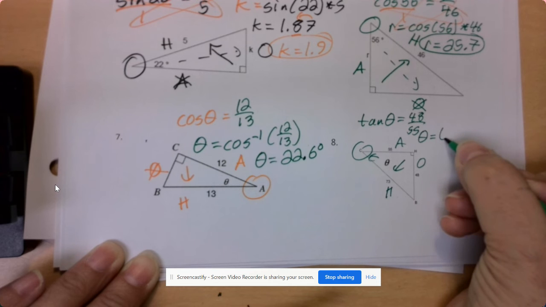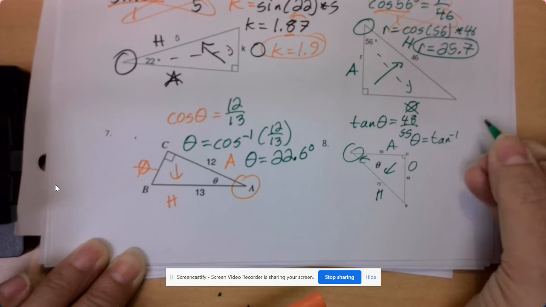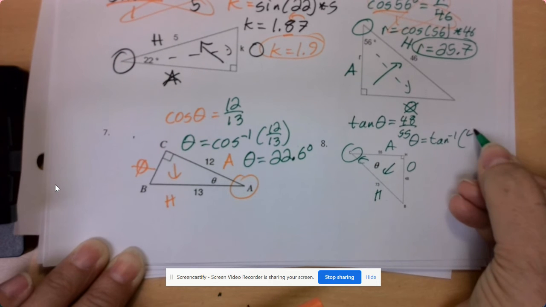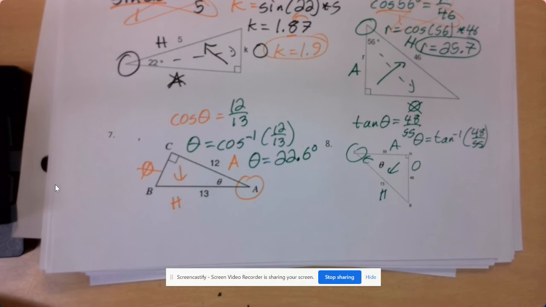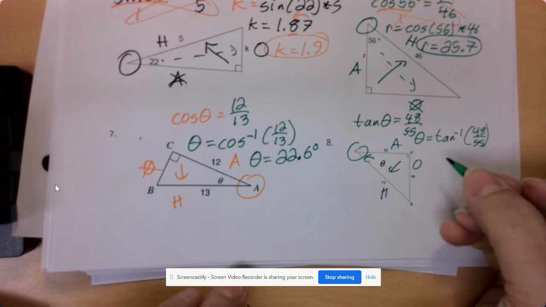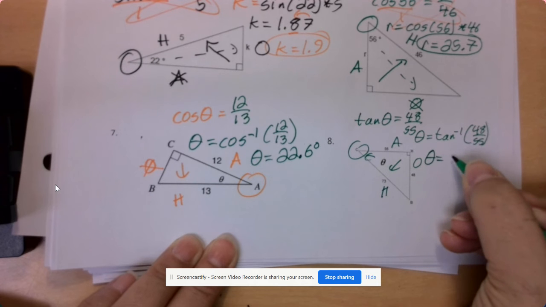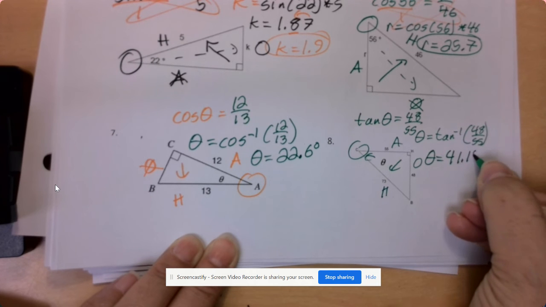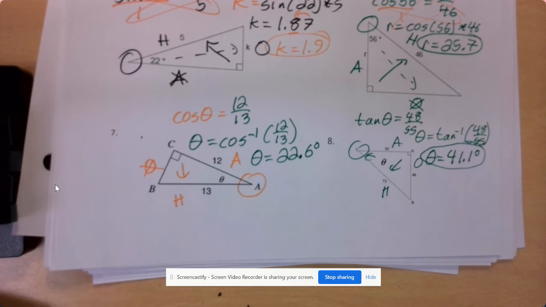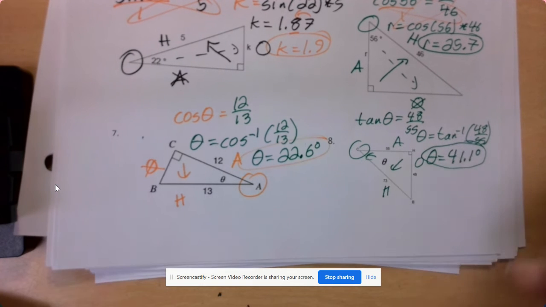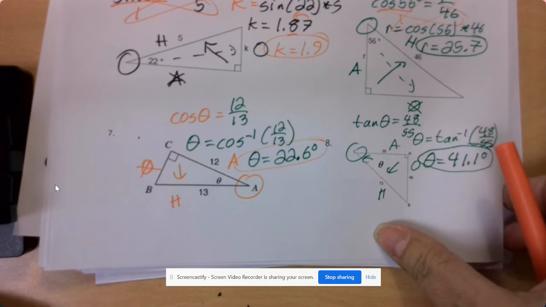So theta is going to be inverse tangent of 48 divided by 55. Put that in the calculator. So our angle would be 41 and 1/10 degrees. And everybody, it doesn't matter which trig function you use, you'll get the same answer for our angles.